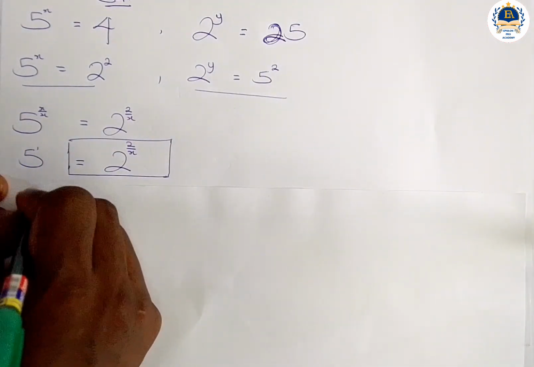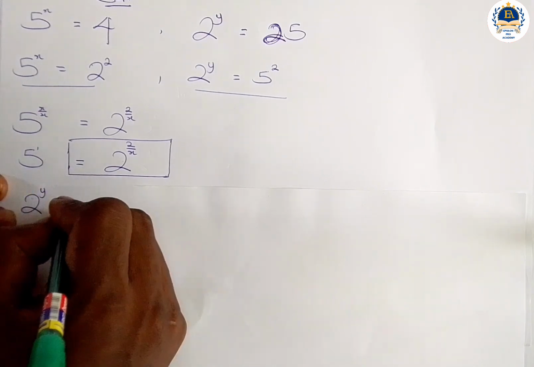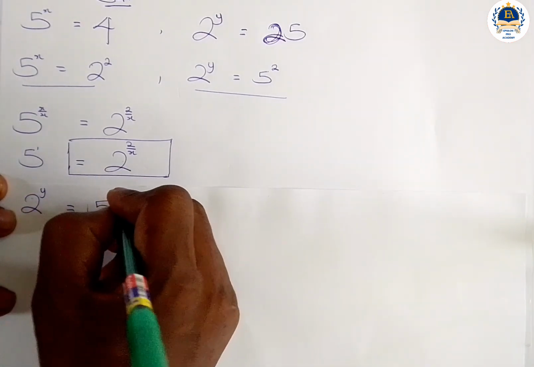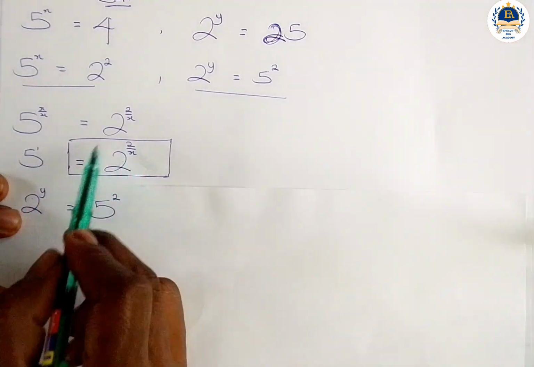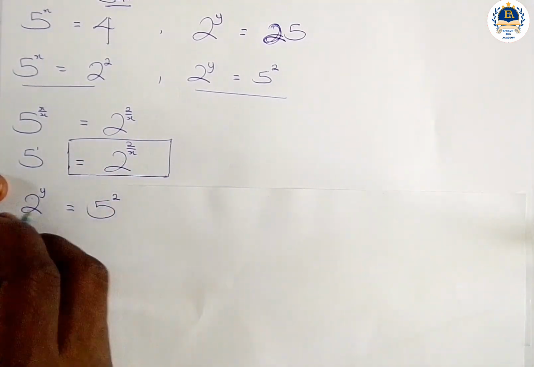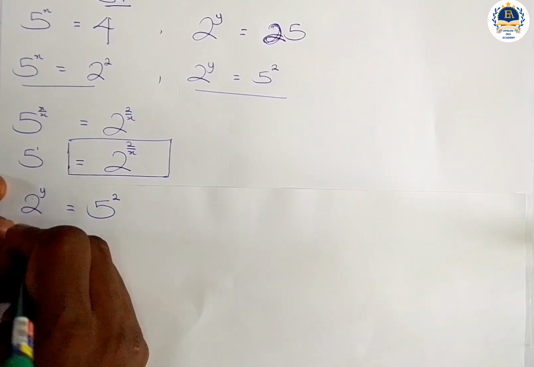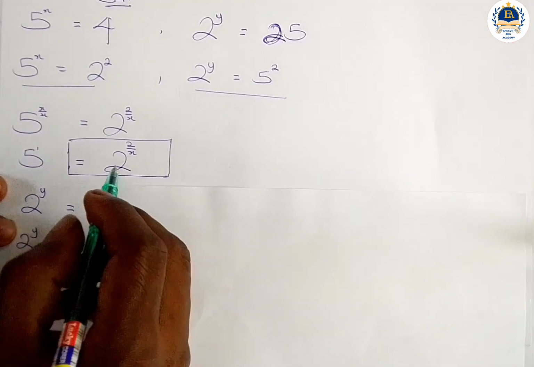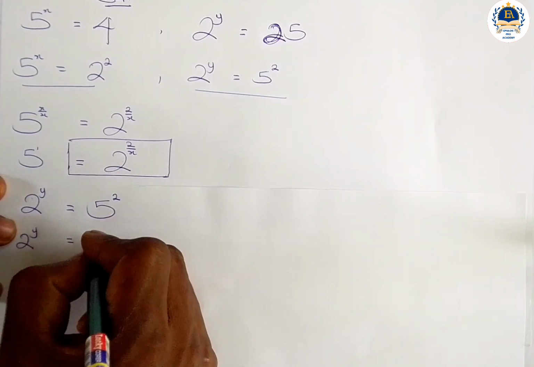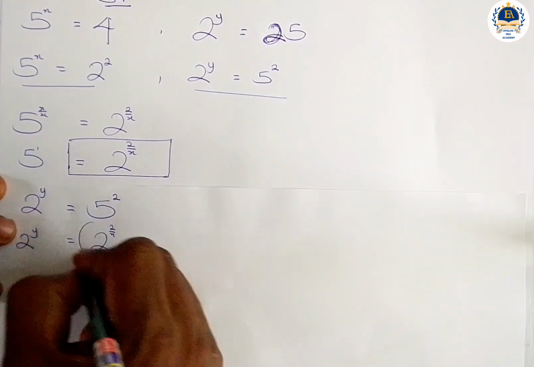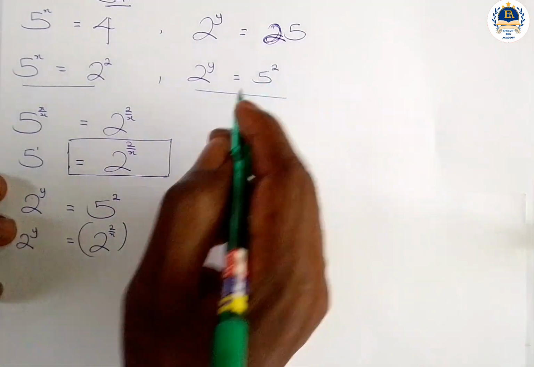We have 2 raised to the power of y, which is equal to 5 raised to the power of 2. Knowing that 5 is this box, let's do the substitution. 2 raised to the power of y will equal, instead of 5, this box, 2 raised to the power of 2 over x, which is raised to the power of 2.